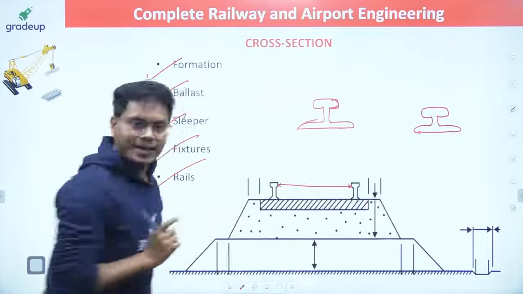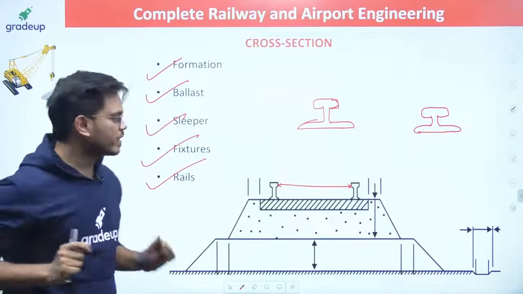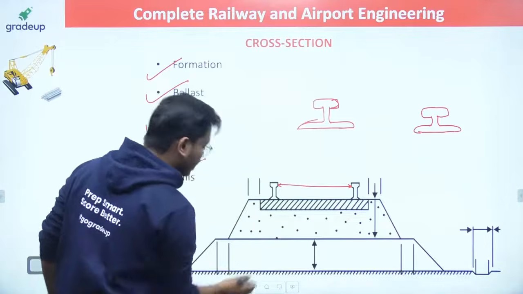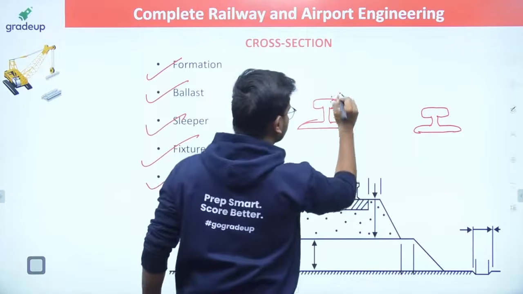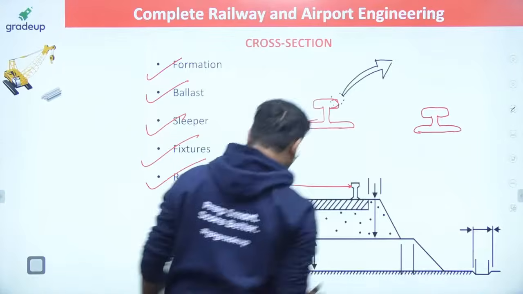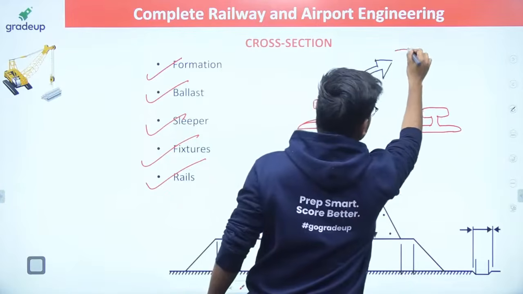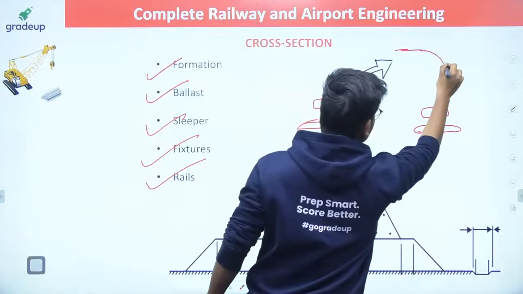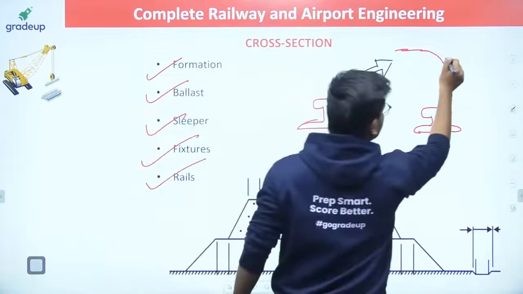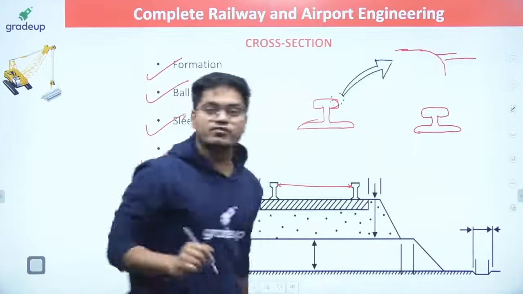If I show you a magnified image of this part, we are going to see that we have this type of curve. So if I measure the distance from here, the distance will be different. If I measure from here, the distance will be different.